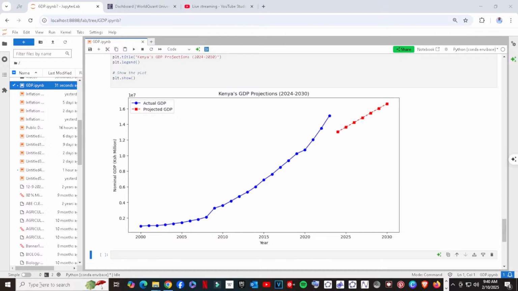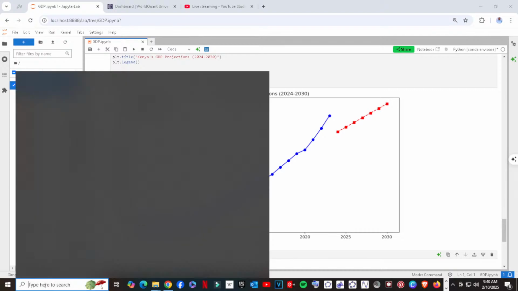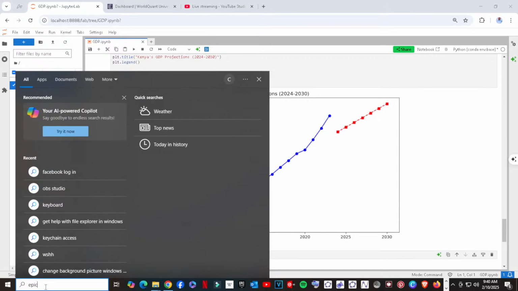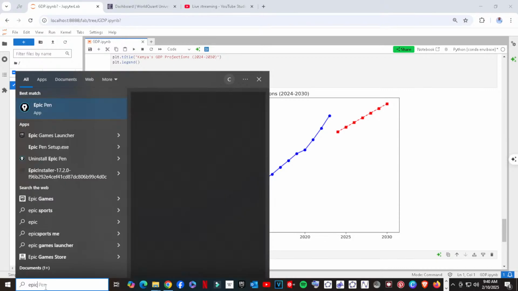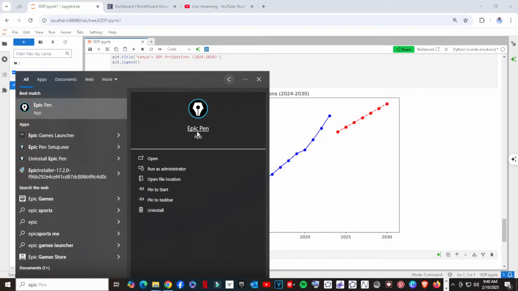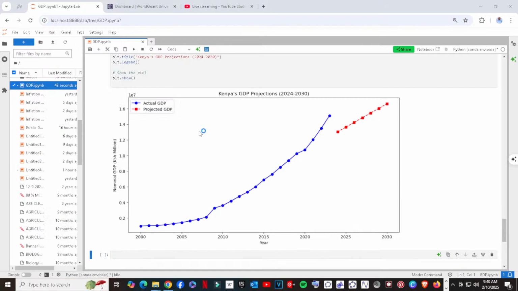Let me see if I can get another tool here to assist me, the big pen. Yeah, that is okay. Let's wait for the pen to load so that we see what we have.